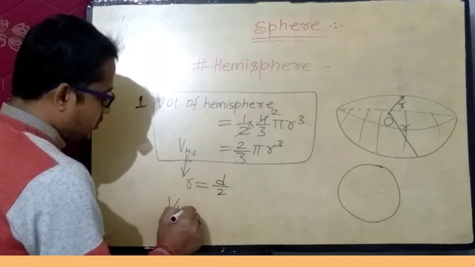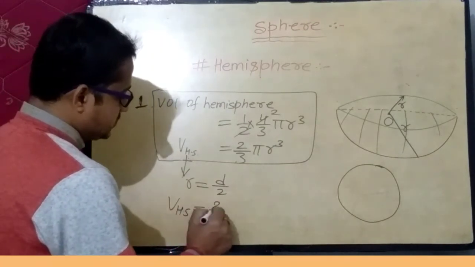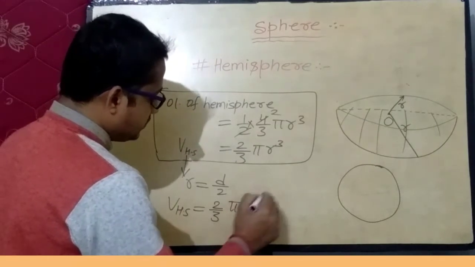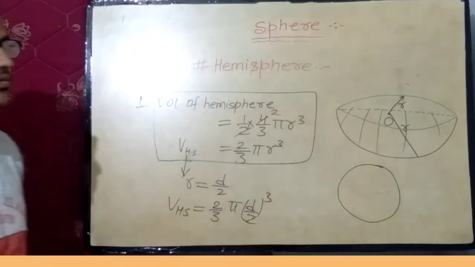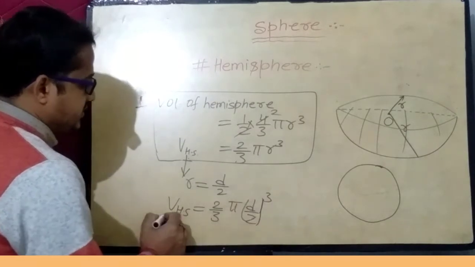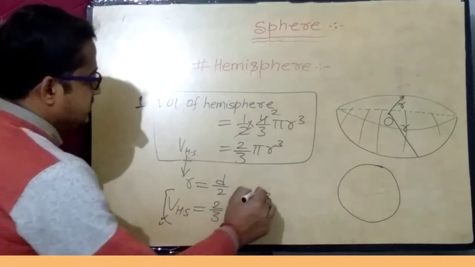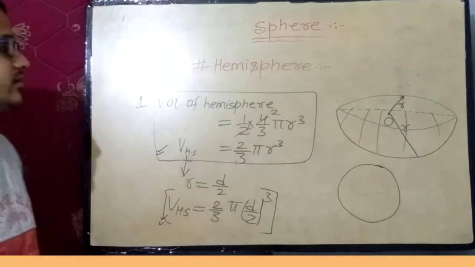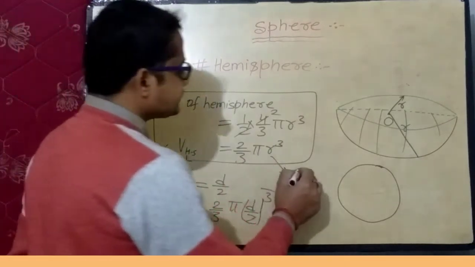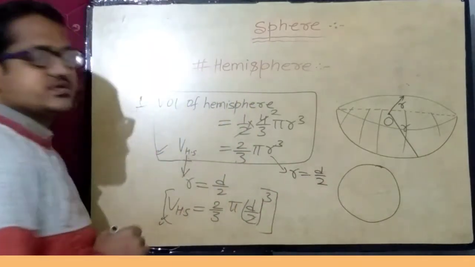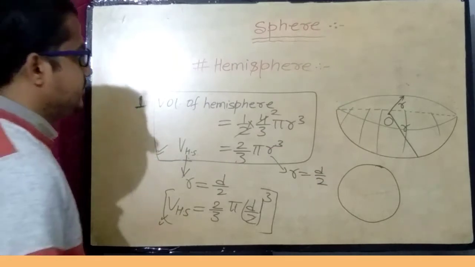So the volume of hemisphere equals 2 by 3 pi (d by 2) whole cube. That means in terms of diameter, the volume of hemisphere is calculated by using this formula. But just remember the main formula and put r equals d by 2 in order to calculate the volume of hemisphere in terms of diameter.